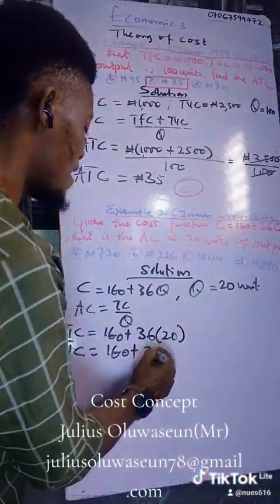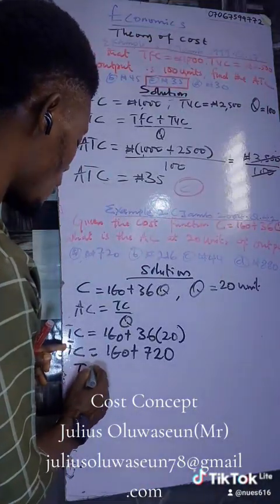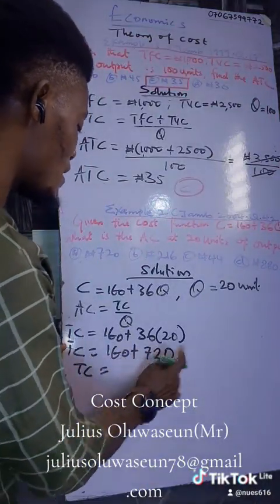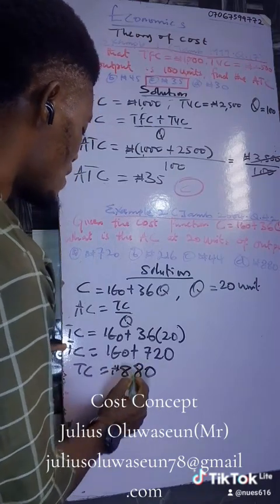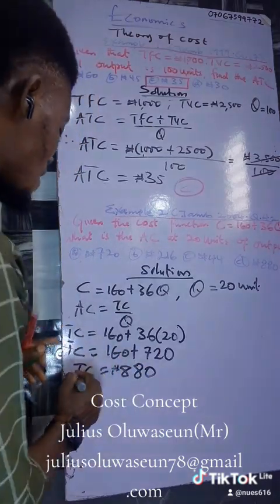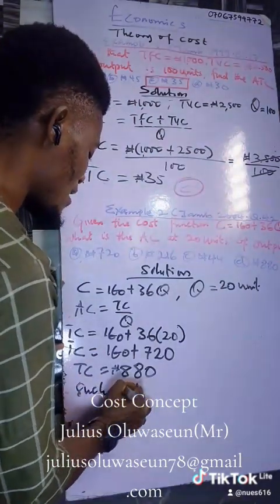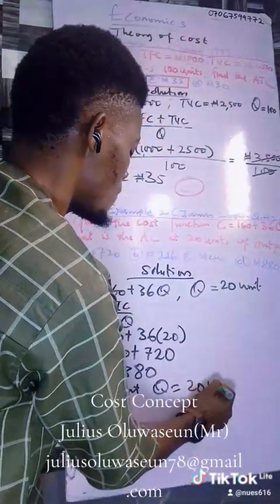It will give us 720. Going by this, our TC, which is total cost, is equal to 160 plus 720, which gives us 880. Don't forget that we have been given that our Q is equal to 20 units.